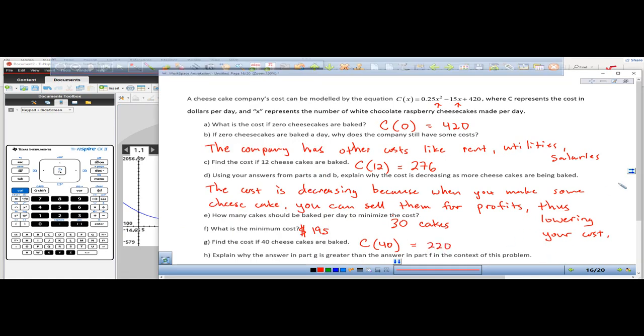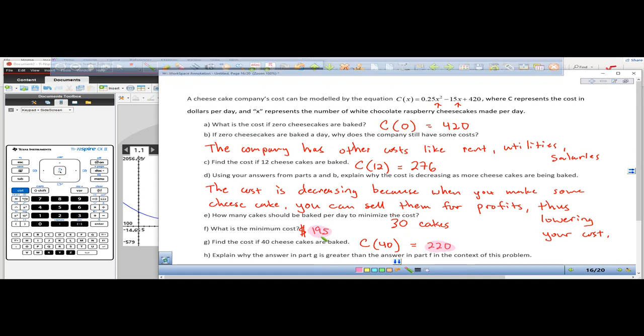Part H says, explain why the answer in part G is greater than the answer in part F in the context of the problem. The answer in part G, which is 220, is higher than our answer in part F, which is 195.